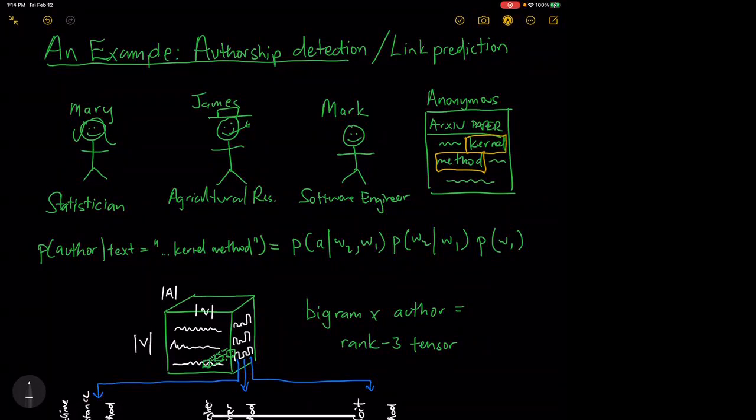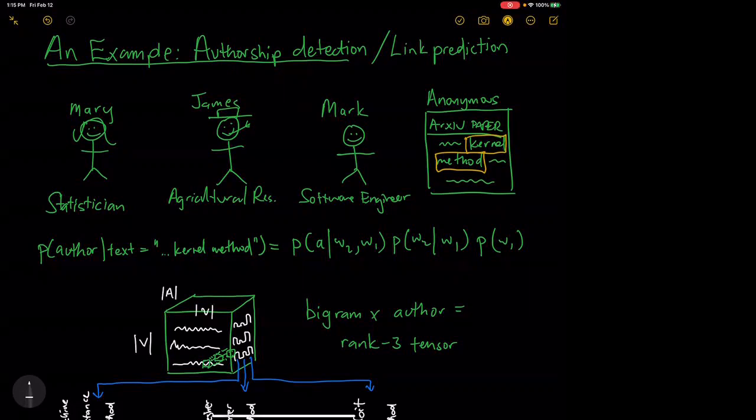So here we have a hypothetical example. Any similarity to real people is purely coincidence, and we have 3 users. Mary is a statistician. She writes about kernel methods and other types of distance metrics and things like this. And we see this term in the paper: a kernel method. A kernel method might be different things to different people.